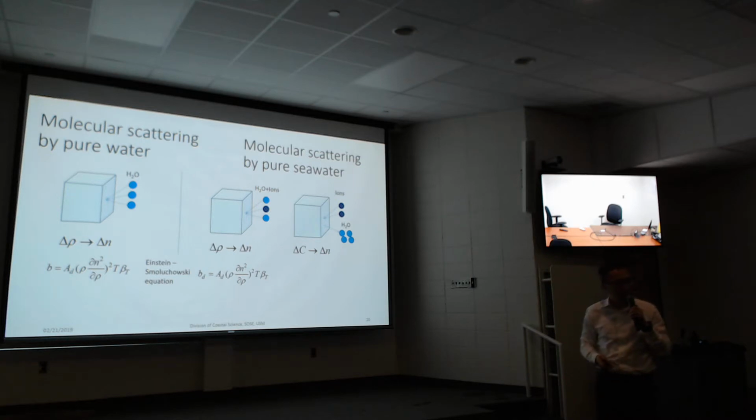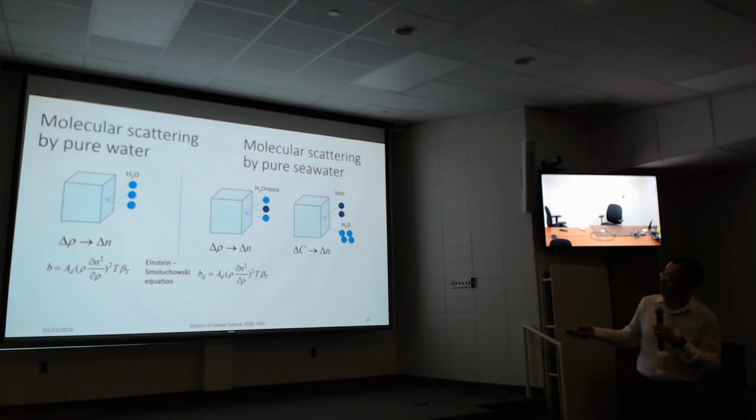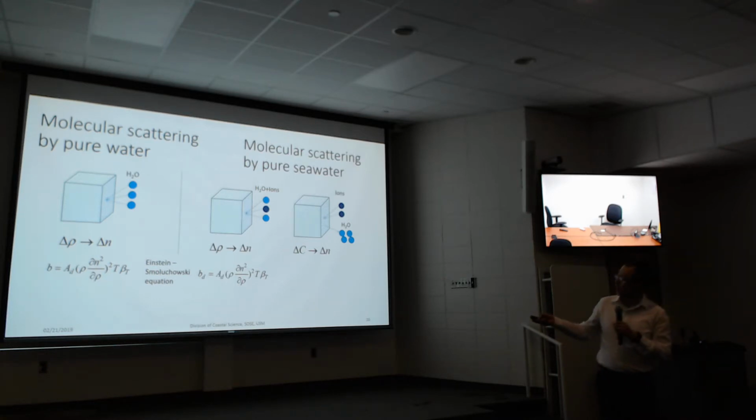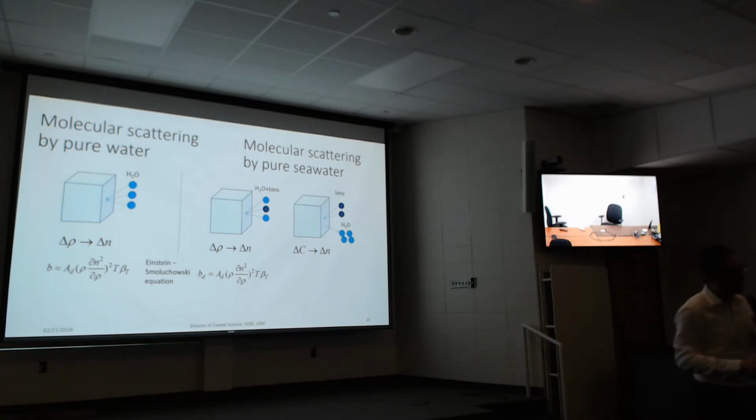This is the macroscopic fluctuation in refractive index, the theory put forth by Einstein and Smoluchowski. It is essentially a density fluctuation causing a refractive index fluctuation. So this is the developed theory for pure water. But what happens in seawater?